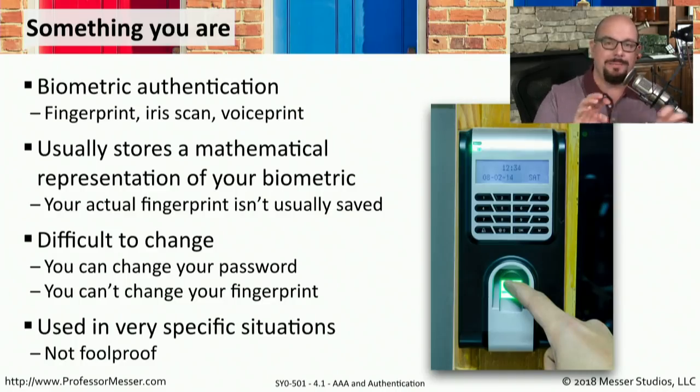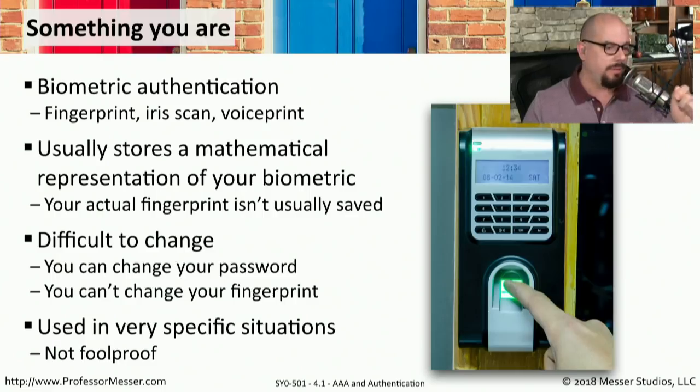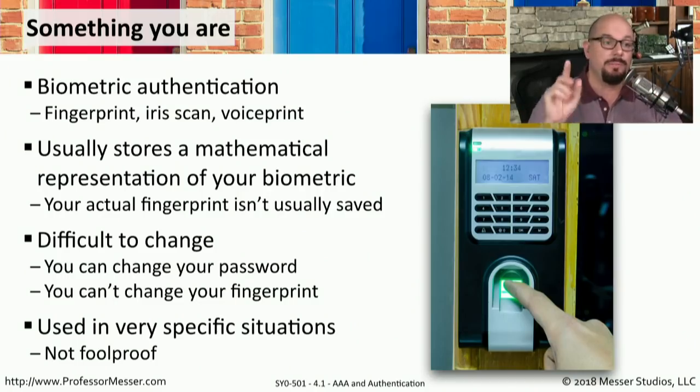So there were 3 separate things going on there. There was something you have, your proximity card. There's something you are, which is your handprint, and then there was something you know, which was your PIN number. To get into that room, all three of those things had to be in place. They weren't just using the handprint to do that.